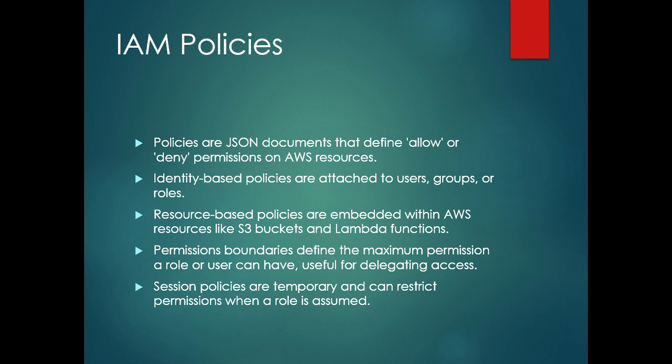Identity-based policies are attached to users, groups or roles. Resource-based policies are embedded within AWS resources like S3 buckets and Lambda functions. We have permissions boundaries that set the maximum permissions a user or a role can get.